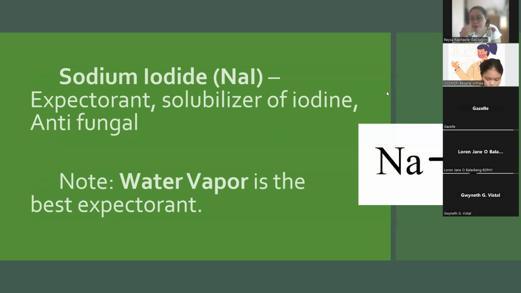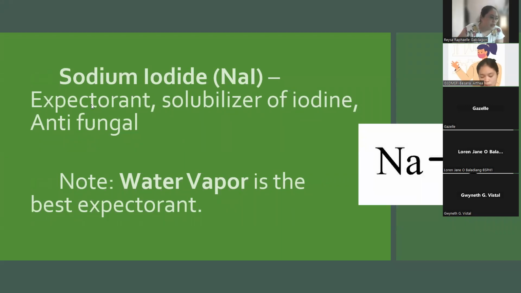However, we don't have a preparation in the market that is made up of sodium iodide and used as expectorant. What we have in the market is guaifenesin. The brand name in the market is Robitussin. That's what we use as an expectorant.